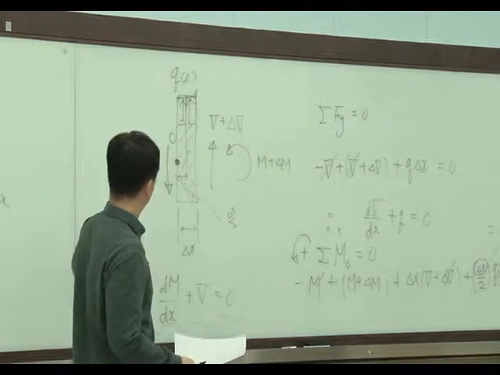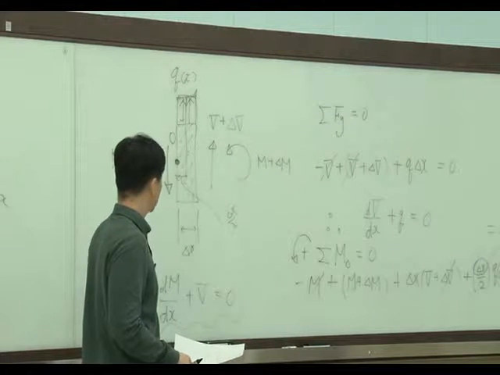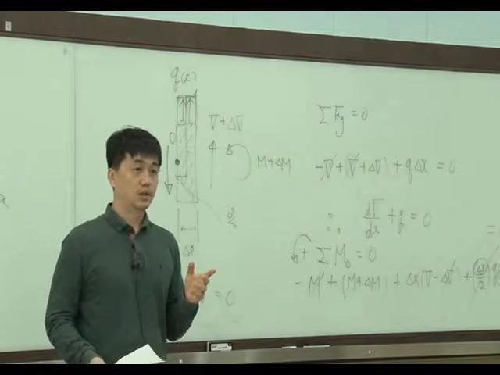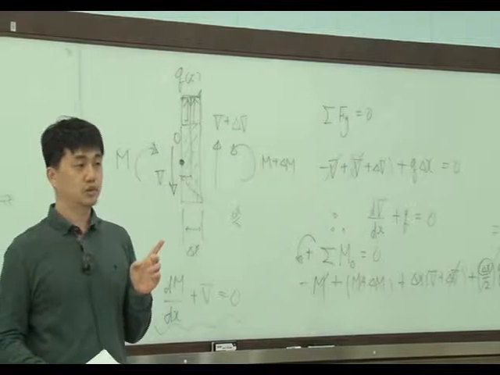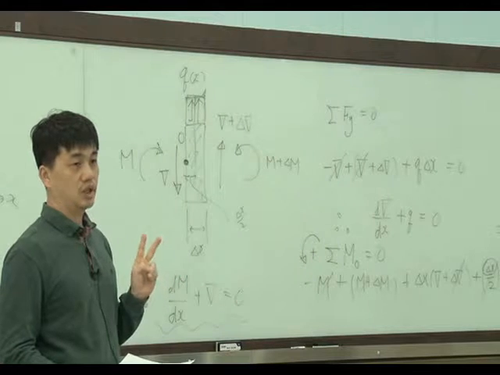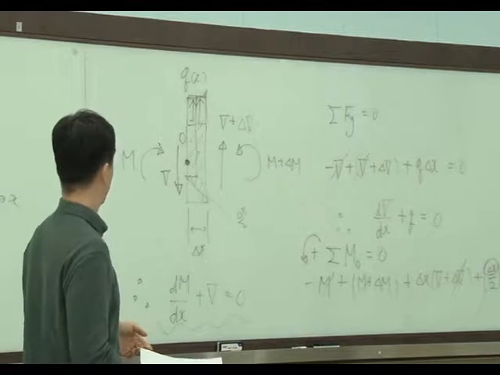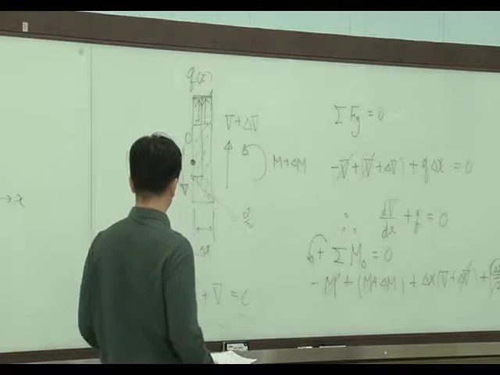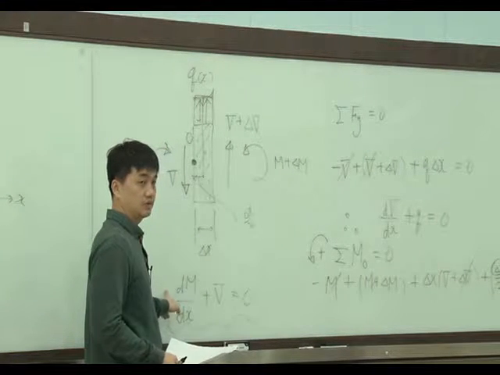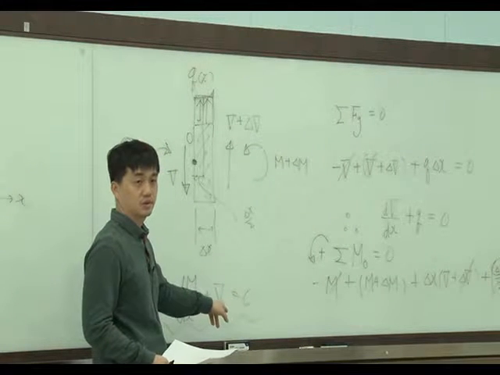So if I use this type of moment, we can result in this equation. So in this simple beam problem, we have two equilibrium equations. One is about the shear force and distributed load. The other gives us the relation between moment and shear force. Okay?